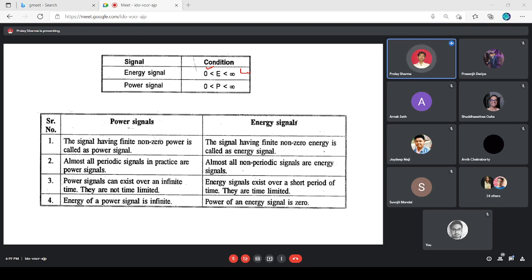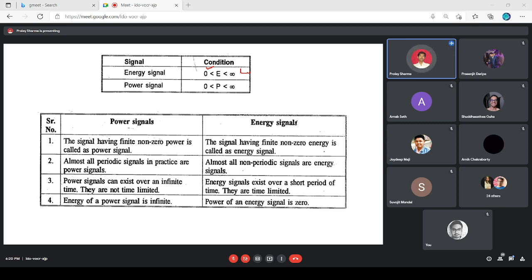Almost all periodic signals in practice are power signals, but almost all non-periodic signals are energy signals. The power measurement is basically an average kind of thing. When a periodic signal extends from minus infinity to plus infinity, we are interested in finding only the average power of it. For that reason, for a periodic signal which extends for infinite duration, power measurement is possible.